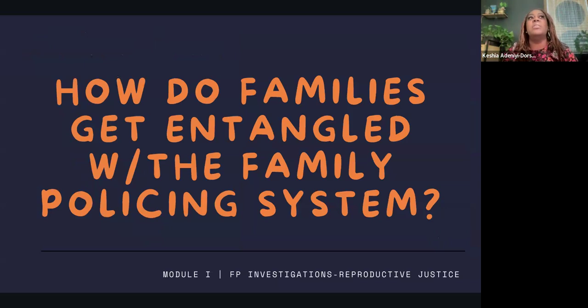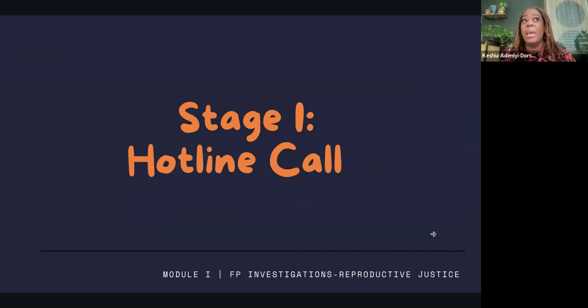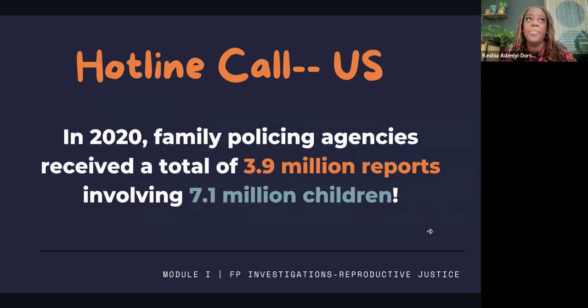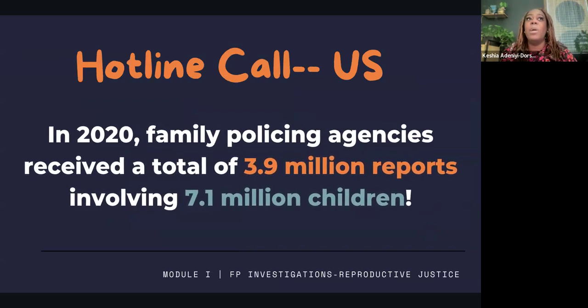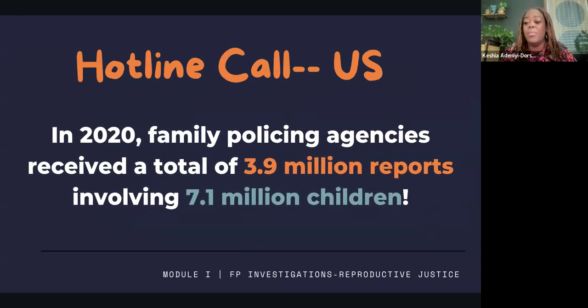And so the question then is, how do families get entangled within the family policing system? First there's a call to the quote unquote CPS hotline, okay? And remember I told you guys, this is how many children are being impacted by this investigation. 3.9 million calls to the hotline happened in 2020. 3.9 million calls, okay?